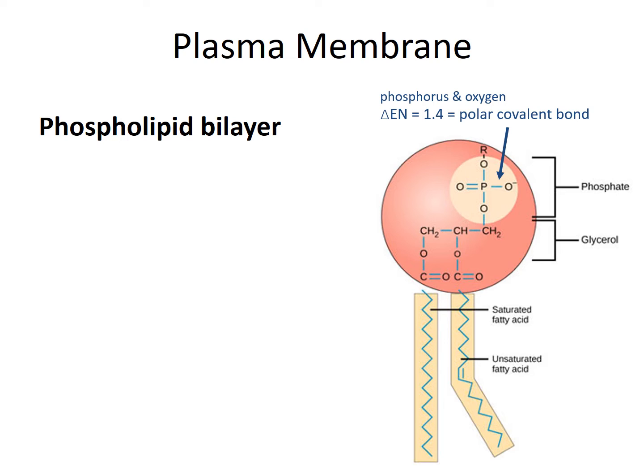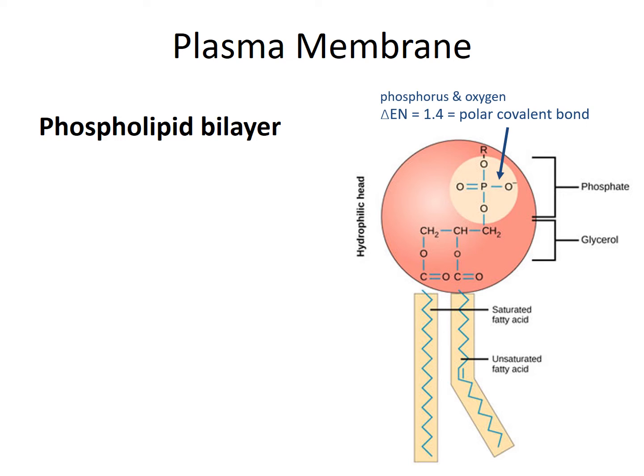This is a phosphate in the middle, chemically bonded to some oxygens, and because the electronegativity difference between phosphorus and oxygen is high, these are creating polar covalent bonds, meaning that this side of this lipid is polar.